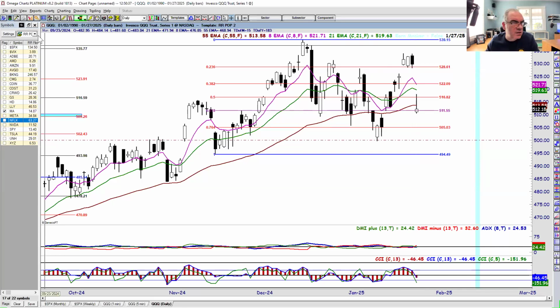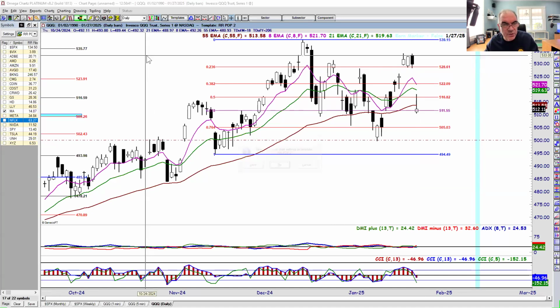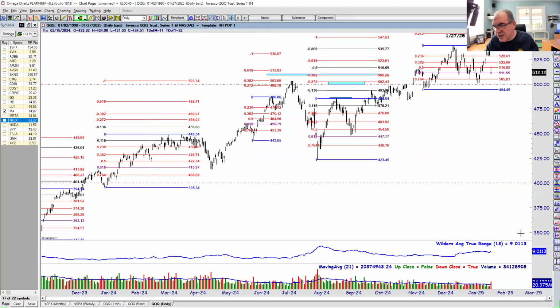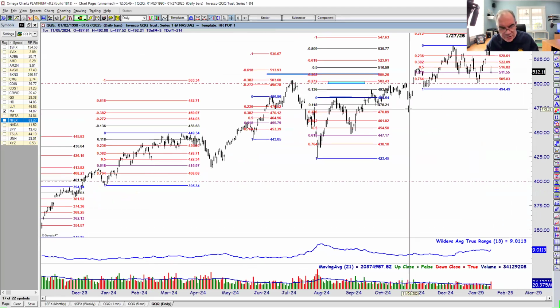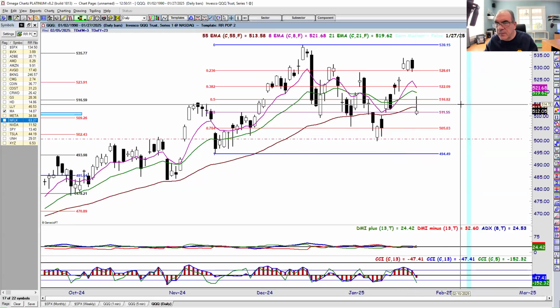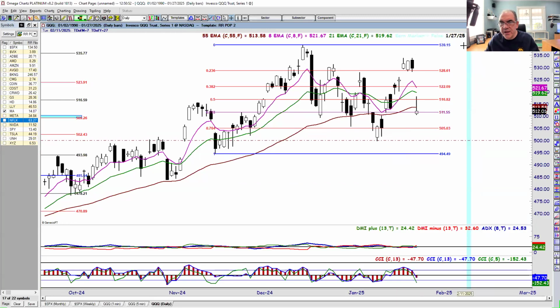Let me just see. Actually, it's easiest. I need to know what it's got, a $9 Wilders. 28, 38, 40. Oh yeah, we don't need the fib in there. We're good.